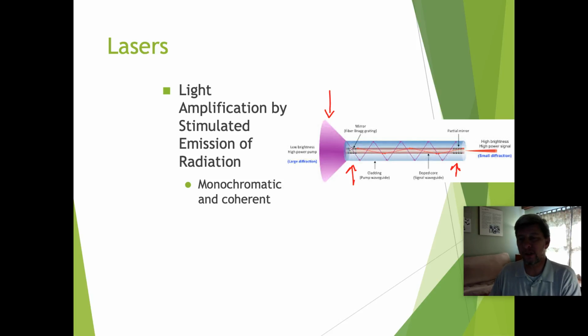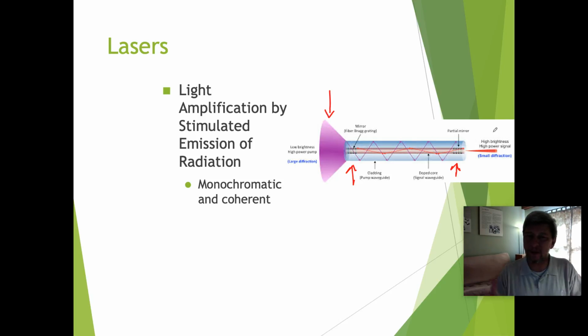However, it's still moving at the speed of light, and it bounces off of this mirror on the left and sometimes bounces off of this mirror on the right. But if it hits the mirror on the right at just the right point where the hole is, it then will emit a very bright, high-powered signal that doesn't break up, doesn't diffract, doesn't spread out as time goes on.